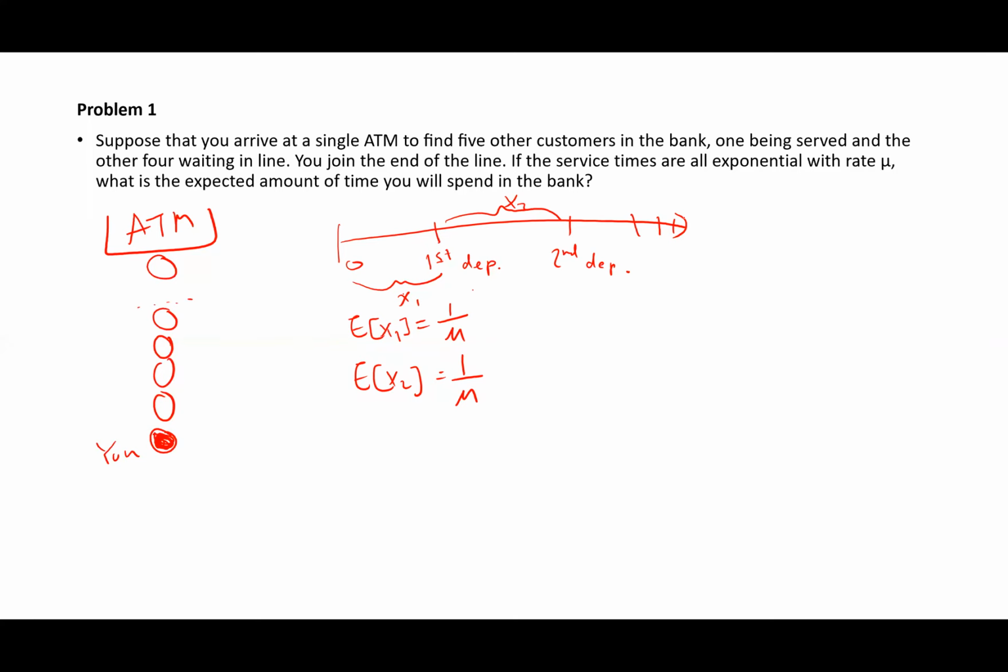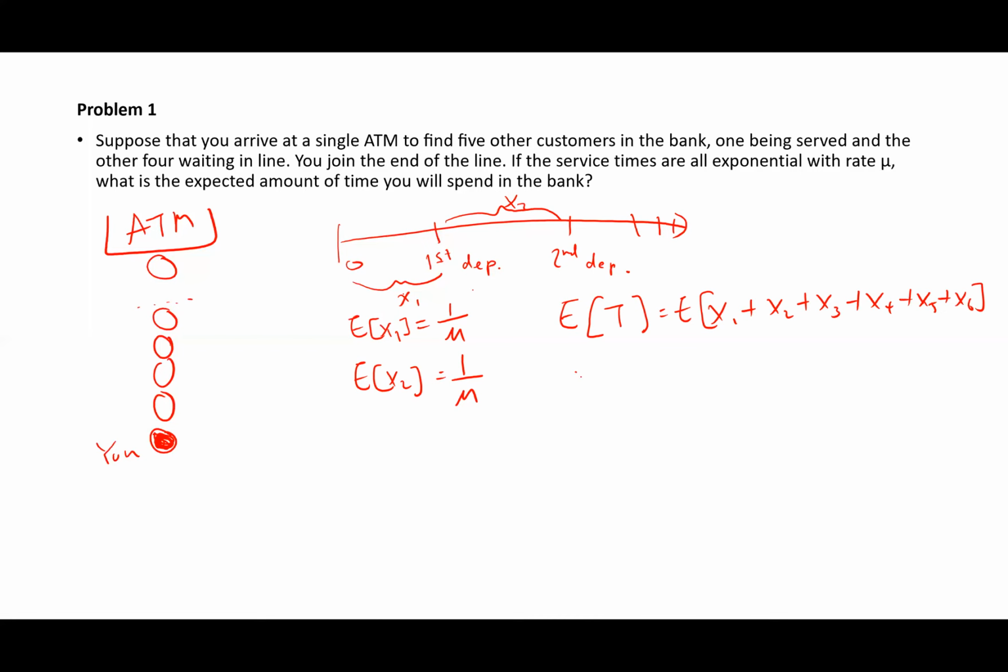So I am the 1, 2, 3, 4, 5, 6th person there. The expected total time for myself, if I call that t, is the expected value of x1 plus x2 plus x3 plus x4 plus x5 plus x6.